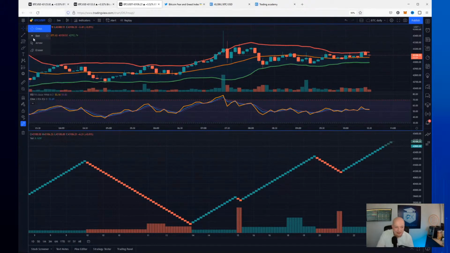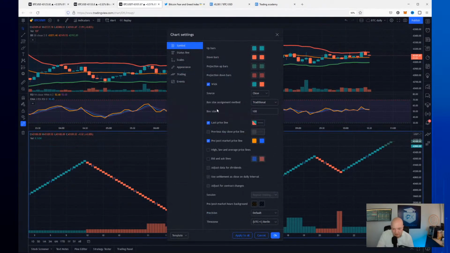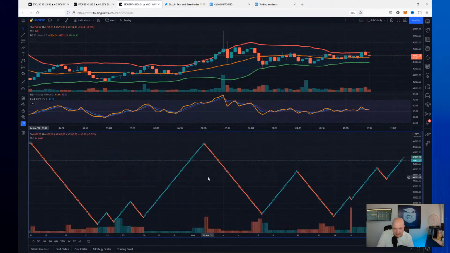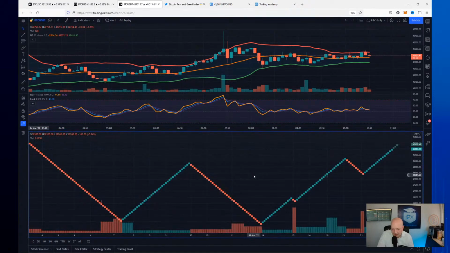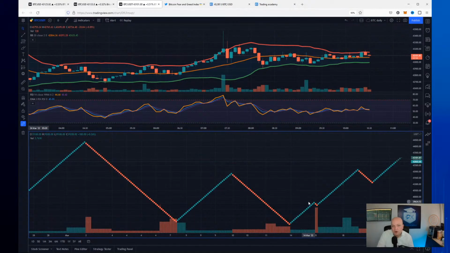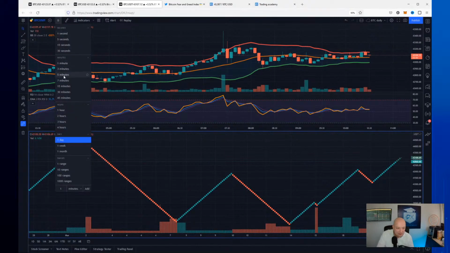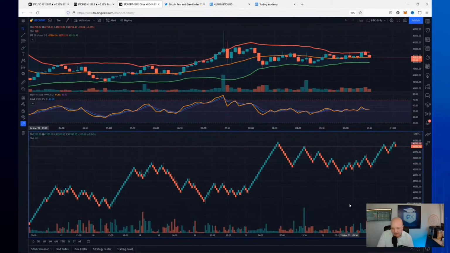price. That means, for example, in this case, I have to go into the box size. Okay, I already adjusted that. Great. Every one of those little boxes you see here represents a price move of $100 in Bitcoin. And I also want to use this on the 5-minute charts, by the way.